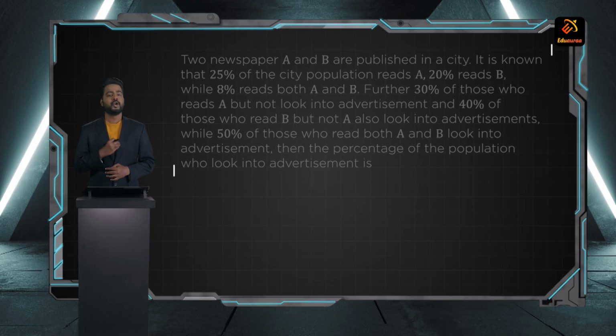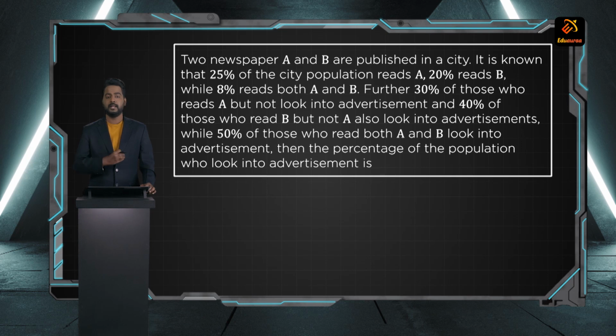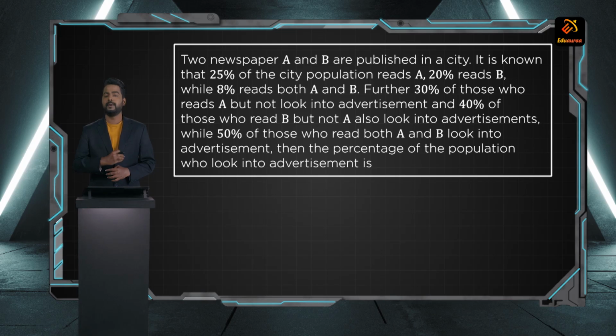Next question is, two newspapers A and B are published in a city. It is known that 25% of the city population reads A, 20% reads B, while 8% reads both A and B. Further, 30% of those who read A but not B look into the advertisement, and 40% of those who read B but not A also look into advertisement, while 50% of those who read both A and B look into advertisement.